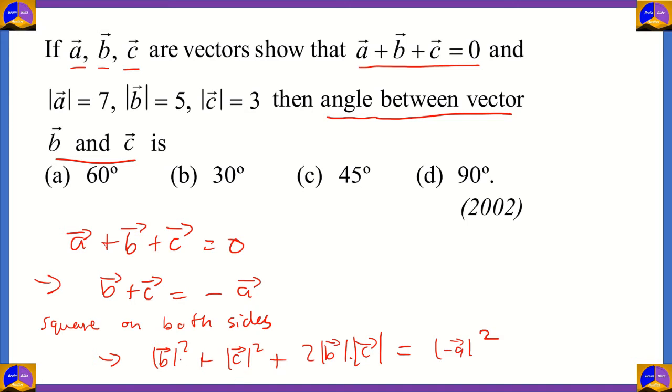Modulus of minus of vector A is the same as modulus of vector A, so you just need to apply the value of mod of vector A equals 7, mod of vector B equals 5 and mod of vector C equals 3. So when you put it according to the formula, you get 5 square plus 3 square plus 2 into 5 into 3 times cos theta.